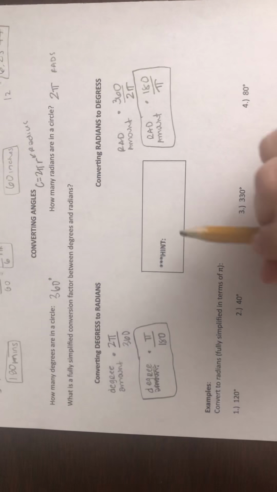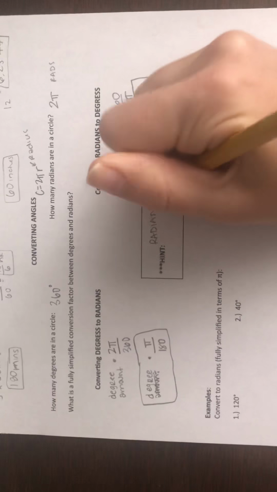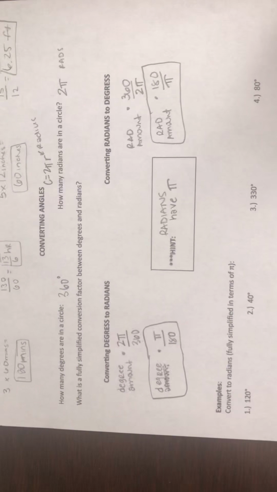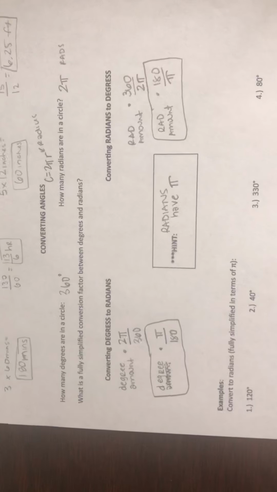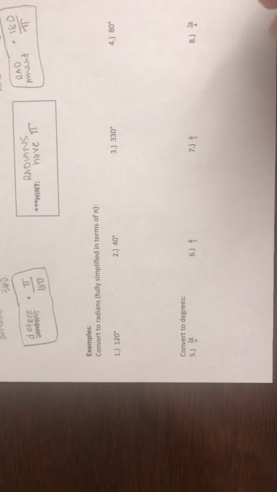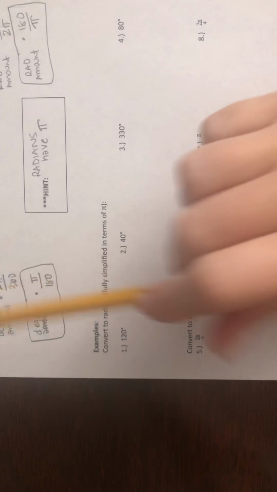Hint: if you are converting to radians, all radians have pi's left in them, and it's also a simplified fraction. We're going to do a couple examples of these really quick. Once you figure out the actual conversion factor, it's going to be as quick as 3 hours to minutes. You know what I'm saying?